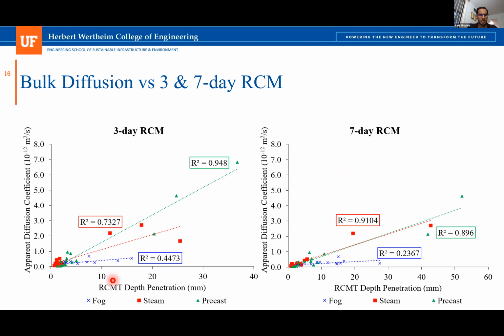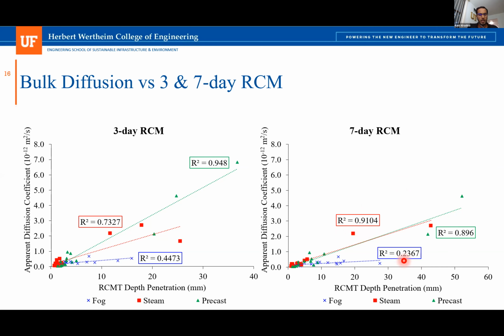This is just to compare the RCM to the bulk diffusion test. At 3 days we see a good R square between them, and at 7 days we see actually better correlation between the RCM and the bulk diffusion, especially for the steam curing, which is almost 0.91.